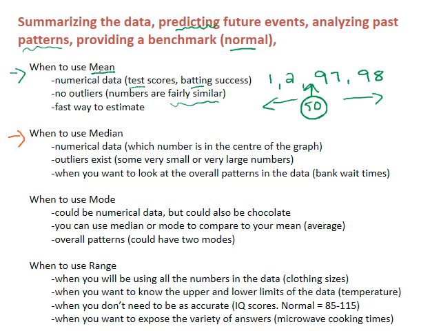So median is a little bit more accurate way to describe your data if you've got some extremes happening. And if you want to see an overall pattern, for example, if we were studying how long our customers had to wait when they came to our bank, and we're the bank manager, we want to know how long the wait times are.